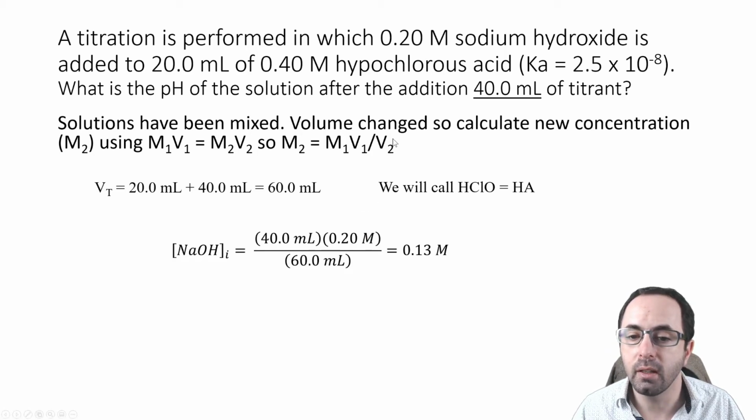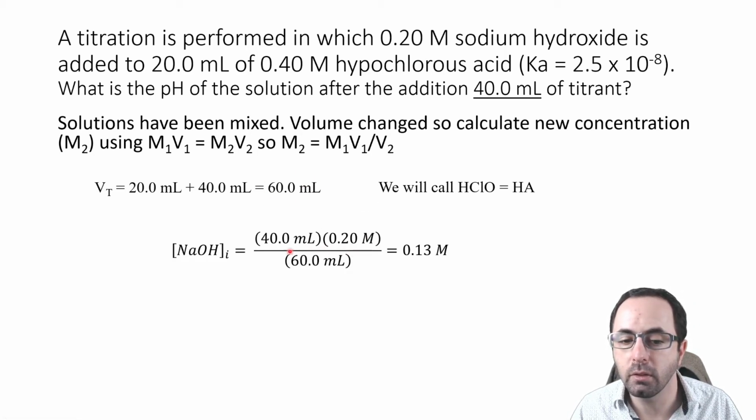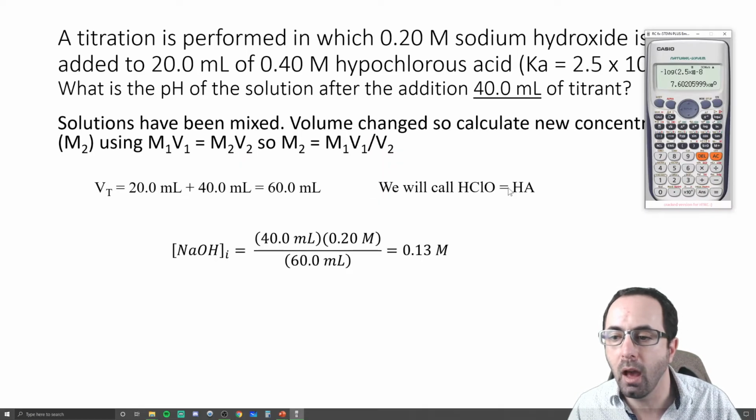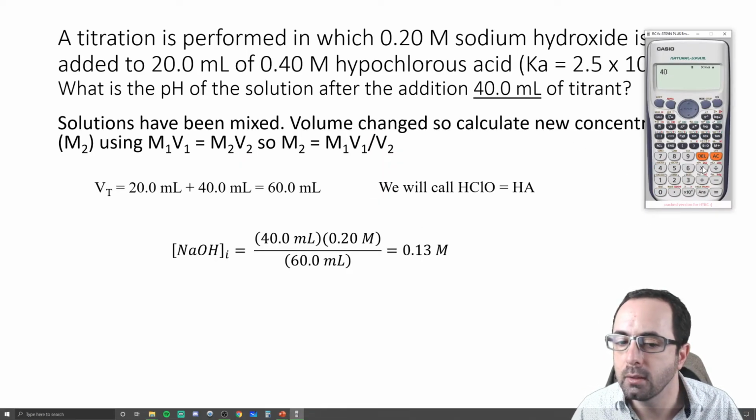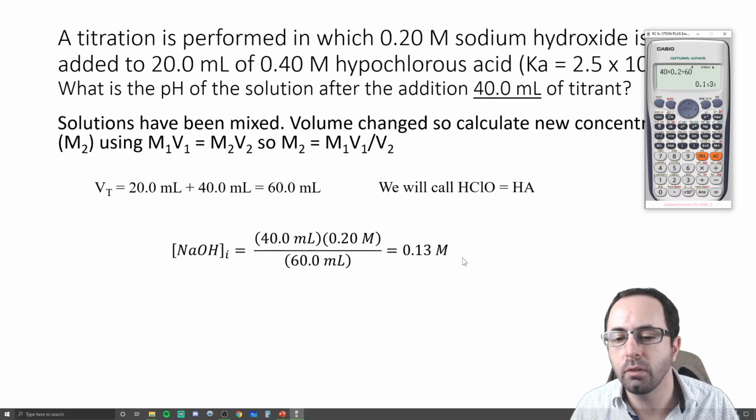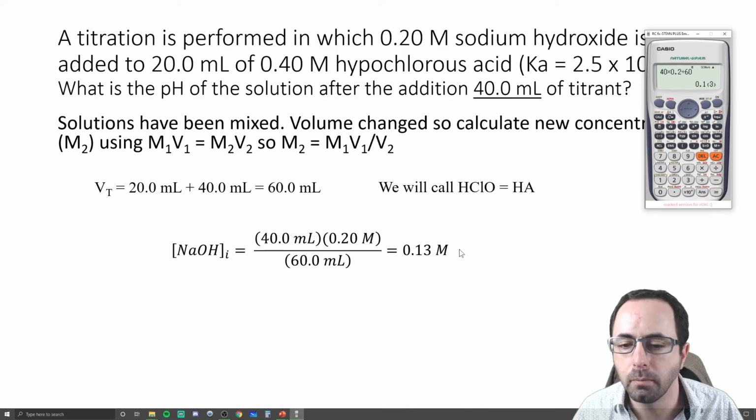Volume 2 is the total volume, 60 milliliters. So we've got 40 times 0.2 divided by 60, and we get that our concentration for sodium hydroxide is 0.13333. Rounded to 2 sig figs, it's 0.13 molar.